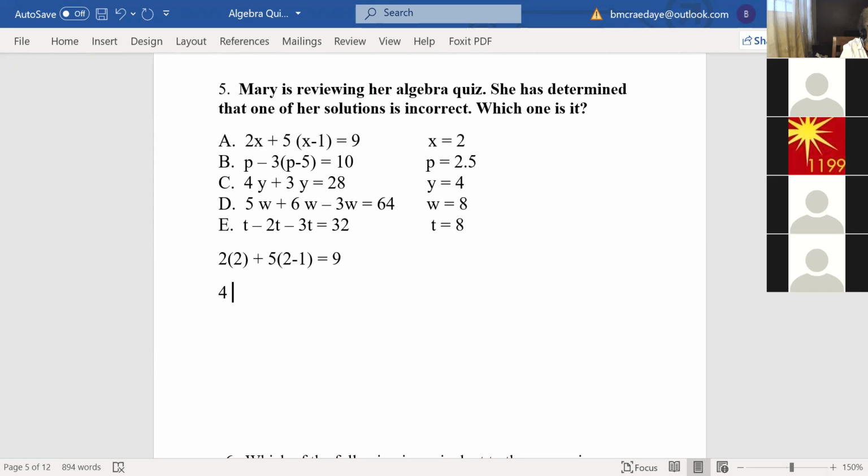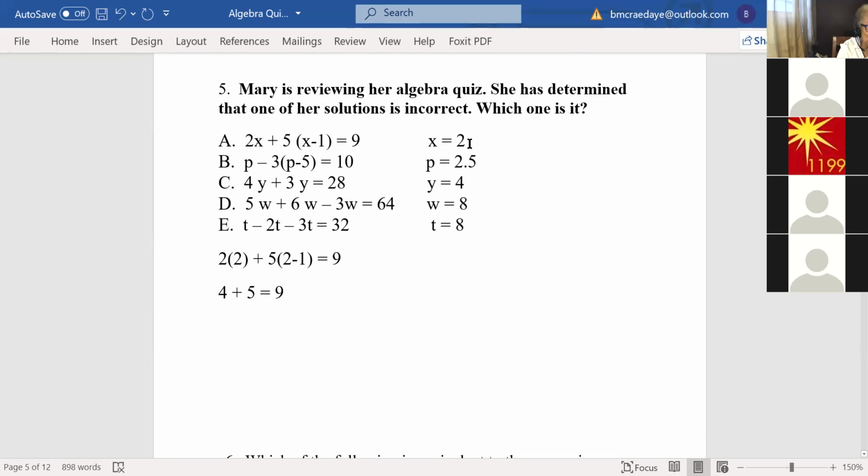So we have 4 plus 5. And 4 plus 5 equals what? 9. Isn't that what we have? So that one is correct.